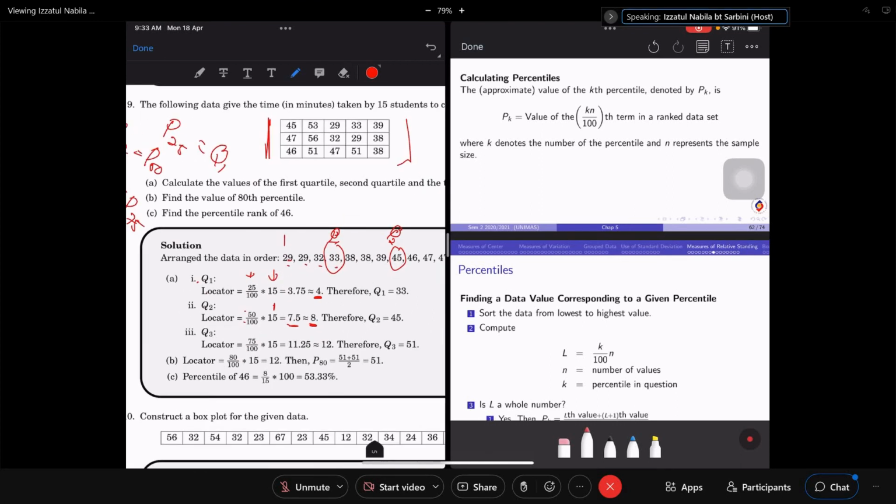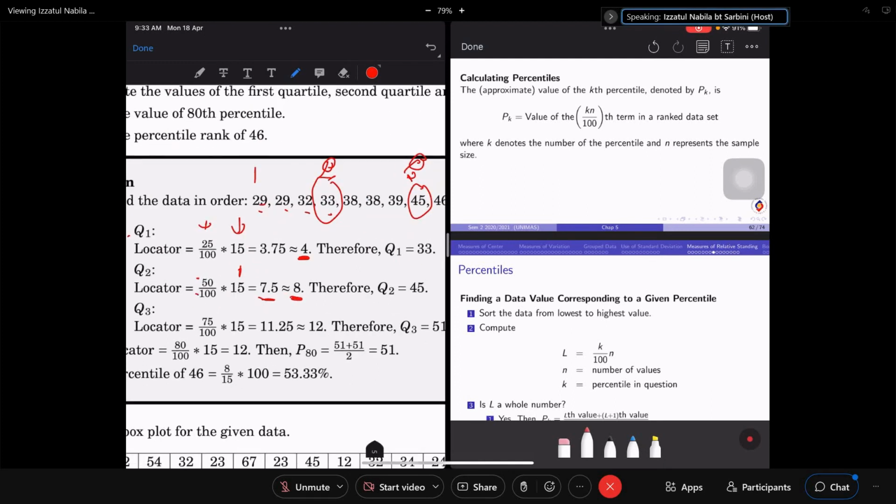As for the third quartile, it is P75, so 75 over 100 times 15. You get 11.25. You can see this is also a decimal, so you round up. Even though when you round normally it's 11, for a locator you round up.